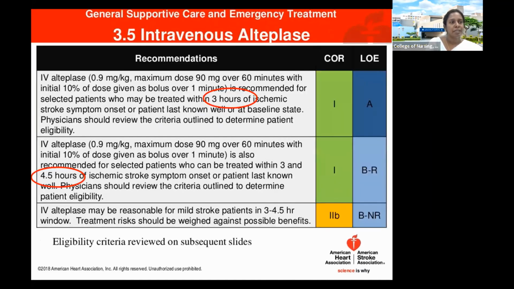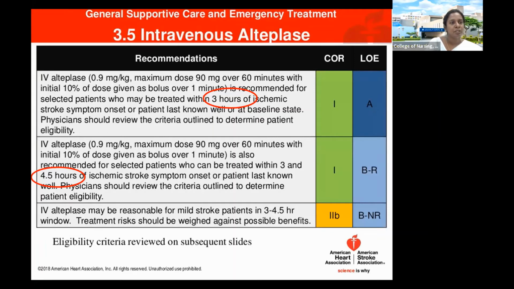Coming to RTPA, I have dealt with it in detail, but this is a recommendation that is given by ASA, American Stroke Association. It has to be started within 3 hours. Now they have extended it up to 4.5 hours. So if the patient comes to the hospital within 3 to 4.5 hours, then TPA can be administered.